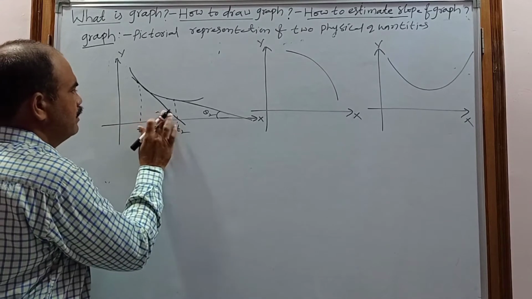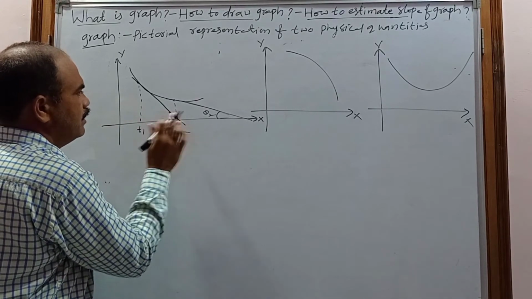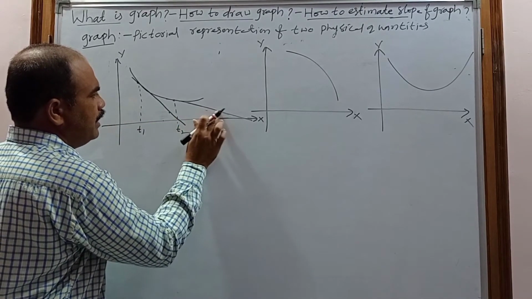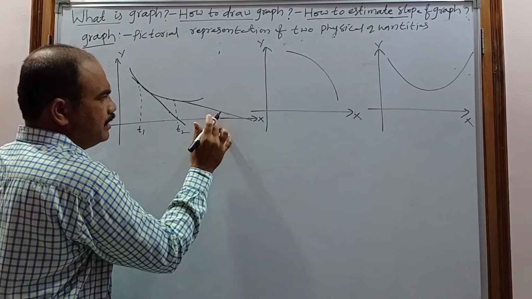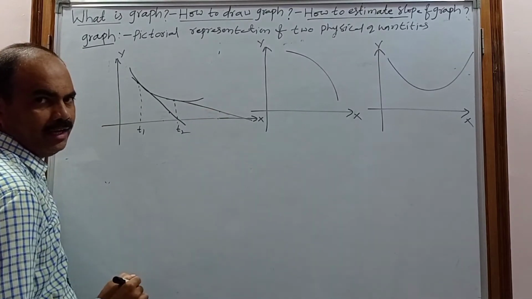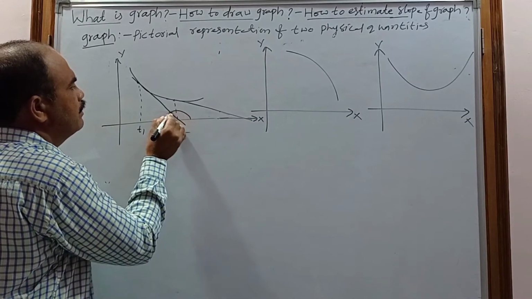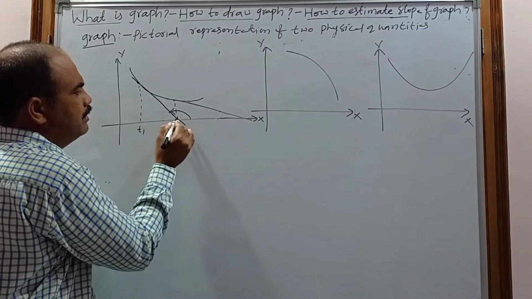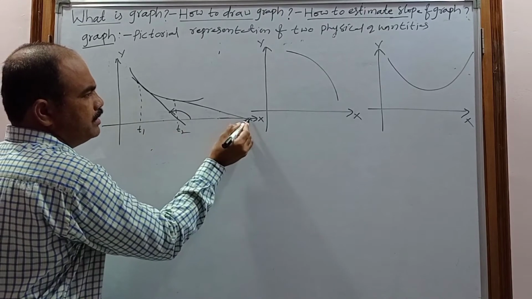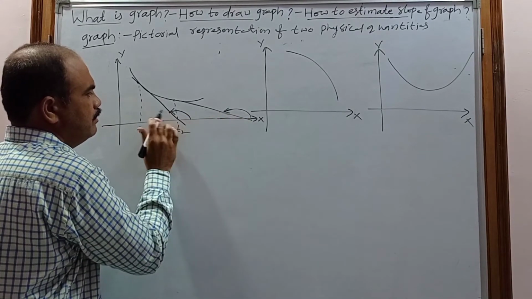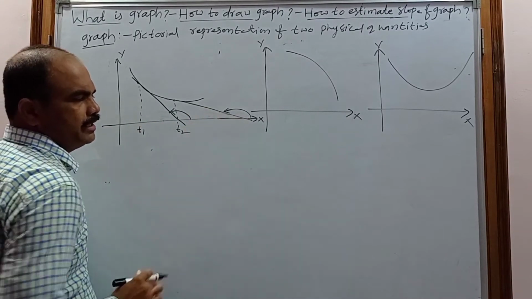Sorry, we have to measure the angle with the x-axis in which direction? In the anti-clockwise direction. So now this is the angle made by this tangent with the x-axis.